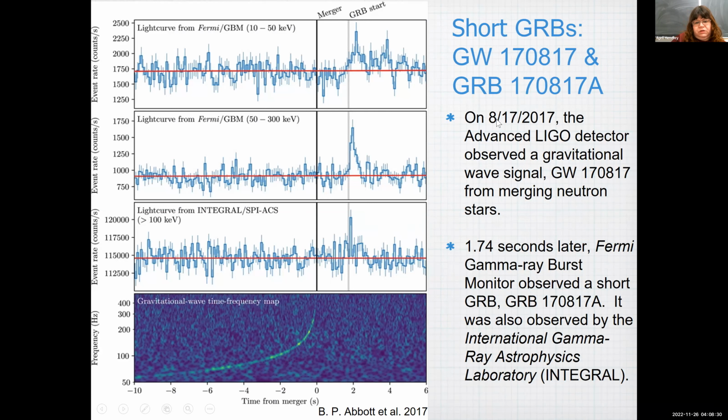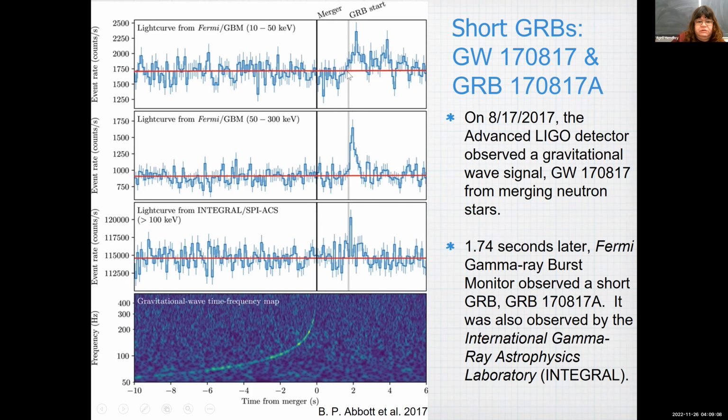This was August 17th, 2017, from a couple of merging neutron stars. 1.74 seconds later, they detected a gamma ray burst. And the time difference between the gravitational waves and the gamma ray burst basically corresponds to what they think, at least what the theoretical delay would be, closely enough that it seemed to fit models for that.